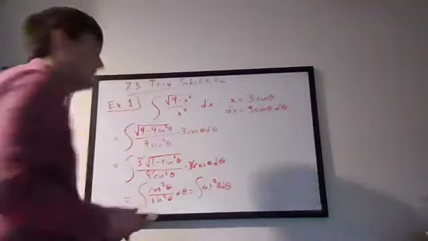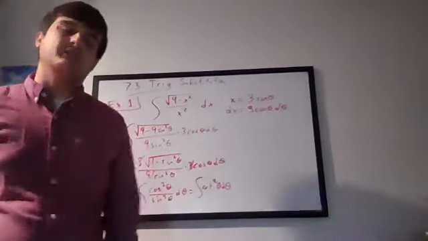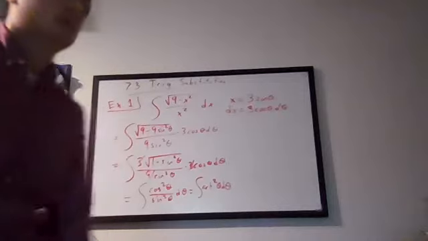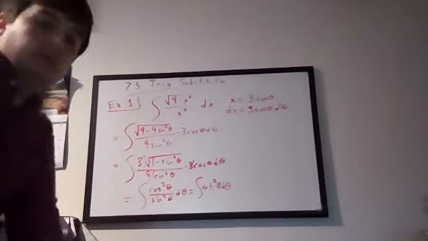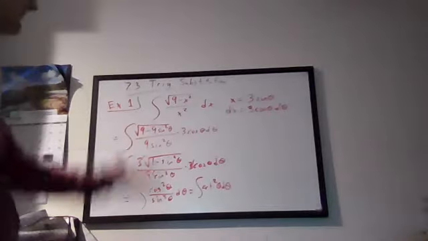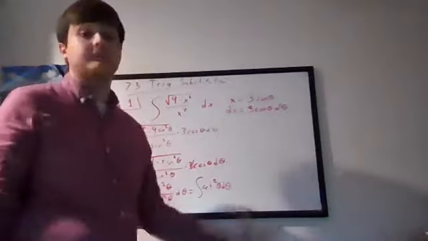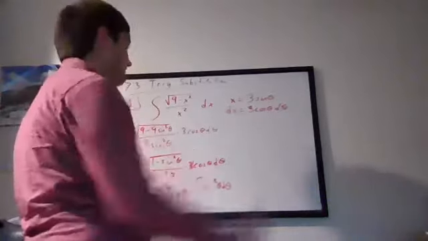Now, do we know how to integrate cotangent squared theta? Unfortunately not. You could try to play around with it a little bit and do another sort of substitution if you want to try, but the easiest thing for sure is to remember another one of our identities.